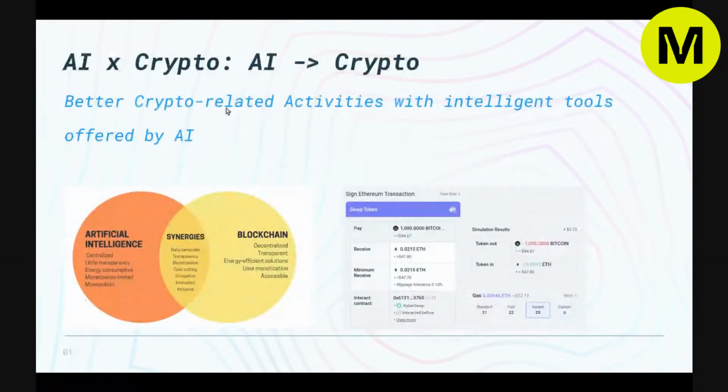For some initial experiments with AI and crypto, a lot of the focus is on using AI to enable a better crypto-related experience. For example, Vitalik wrote a post last year about having AI-enabled security screening when people sign transactions.